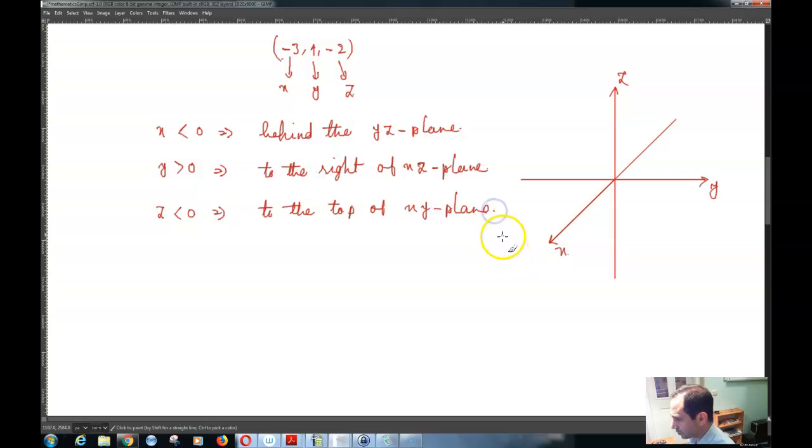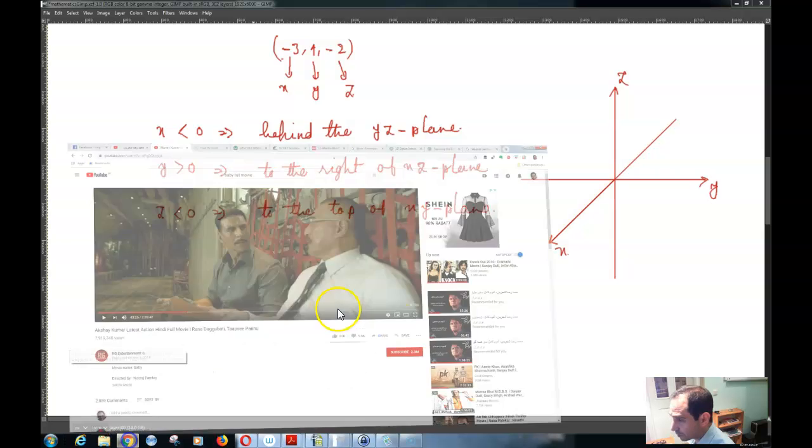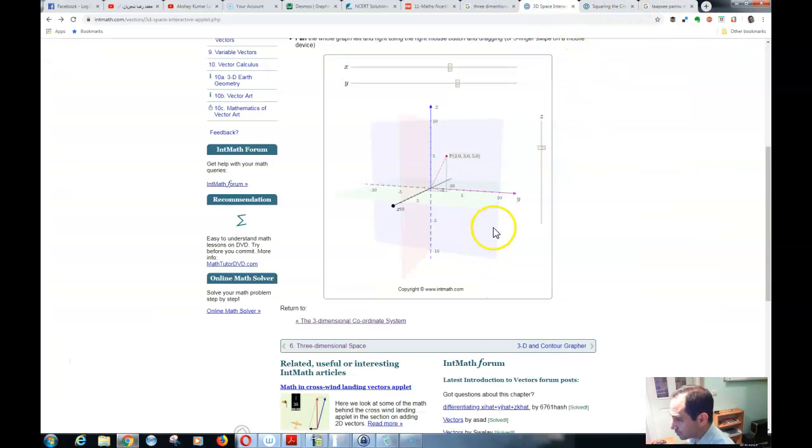So you're up here in this octant, which is the second octant. The sixth octant.